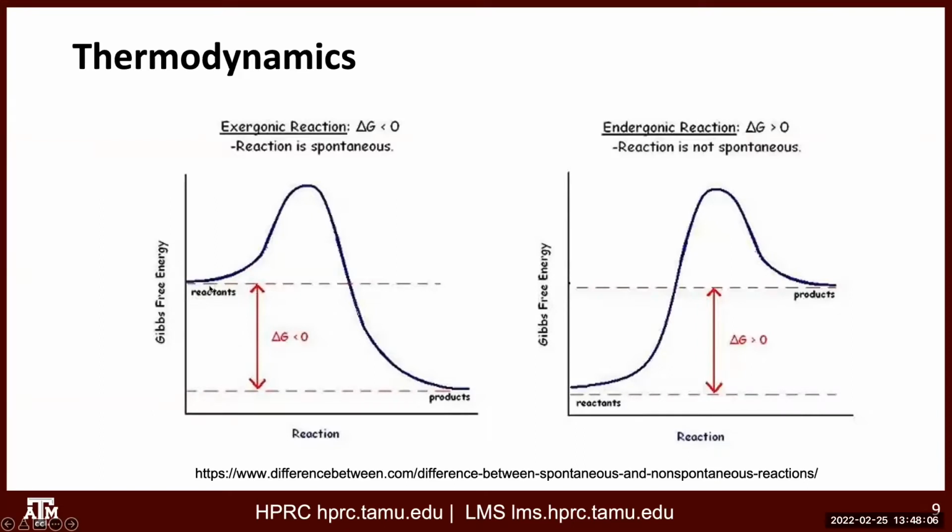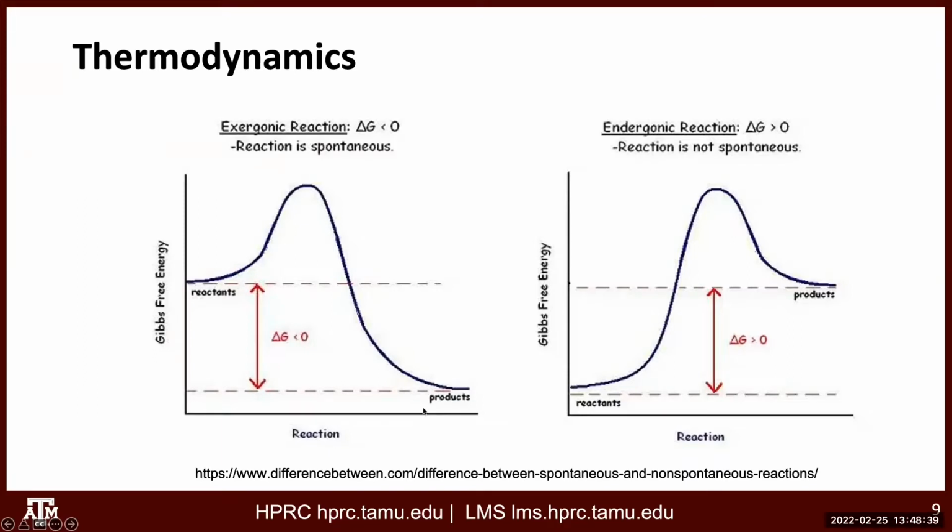When you look at the potential energy surface, you get a slice of it that follows your reaction. If you get a negative delta G, the reaction is spontaneous. It has a natural preference to become the product. But if it's positive, then the reaction is not spontaneous. But here, you only get the thermodynamics.